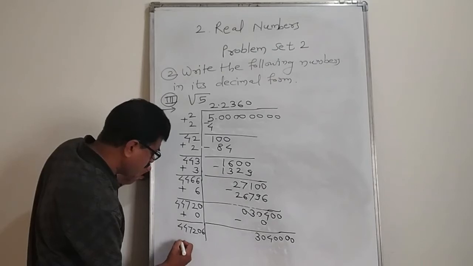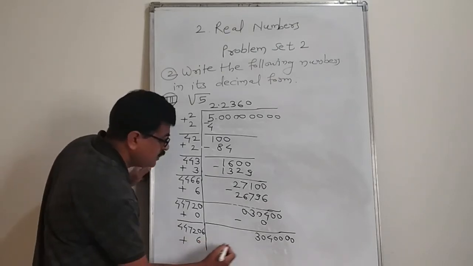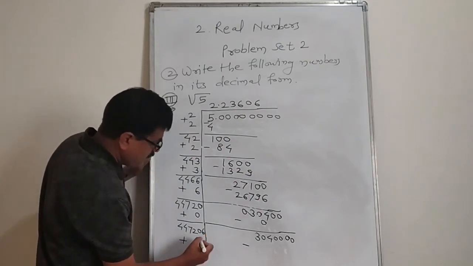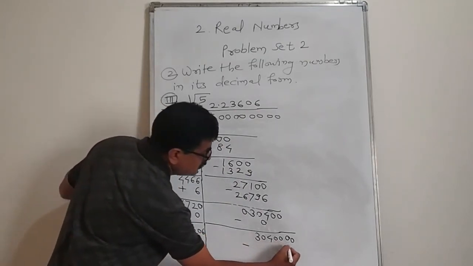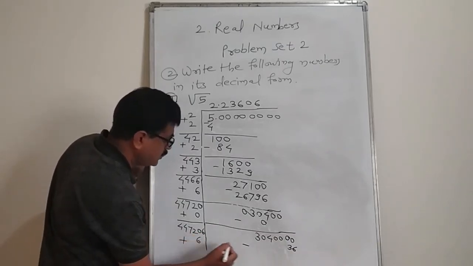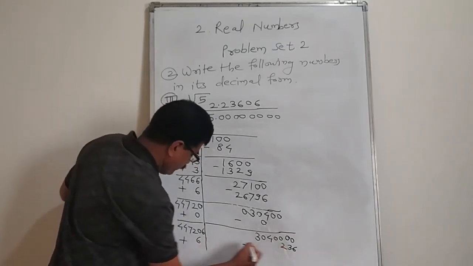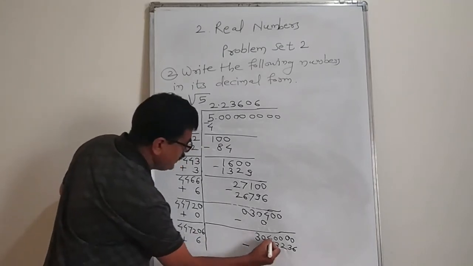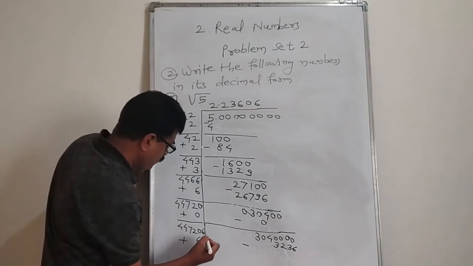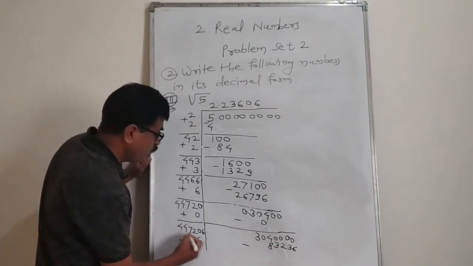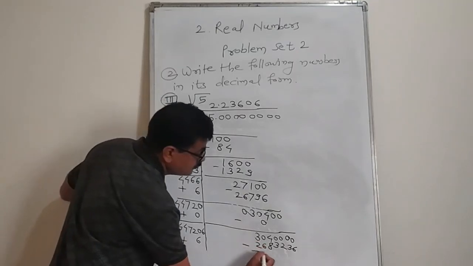Write down 6 here. Now taking multiplication, 6 into 6, 36, here is 0, therefore 36. 12, 2, carry 1. 3, carry 4. 24 plus 4, 28, carry 2, 26.